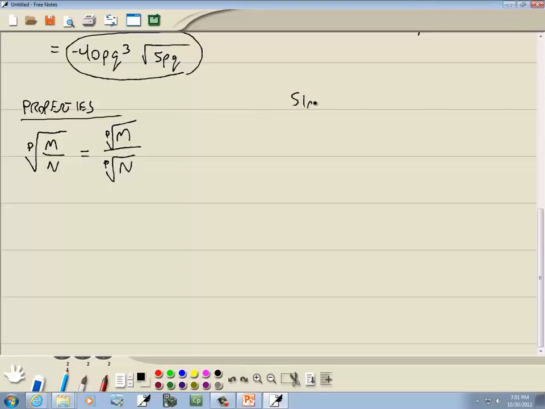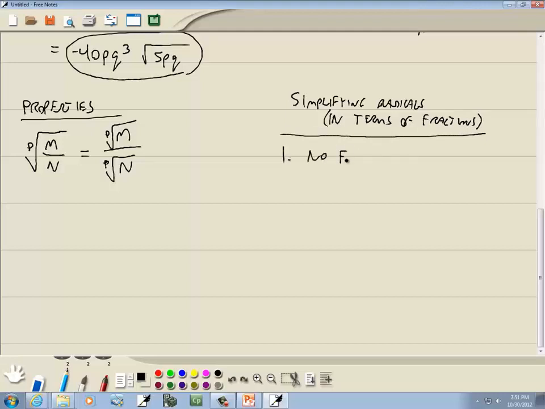And for simplifying radicals in terms of fractions. So simplifying radicals in terms of fractions. First thing is no fractions inside of a radical.